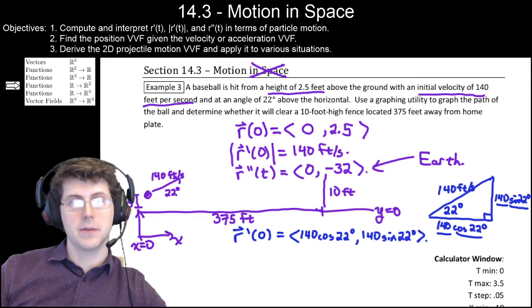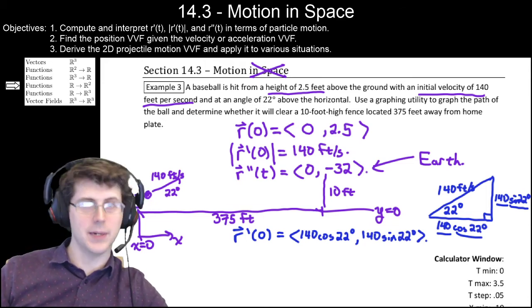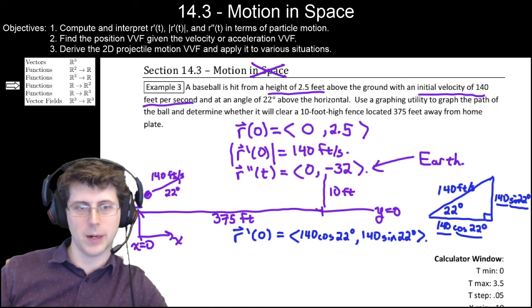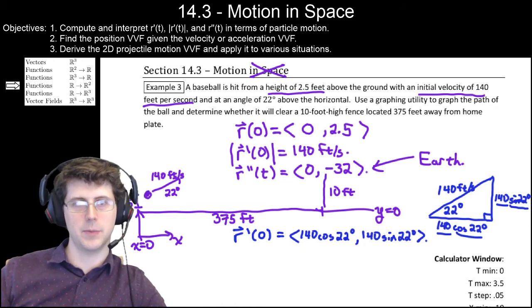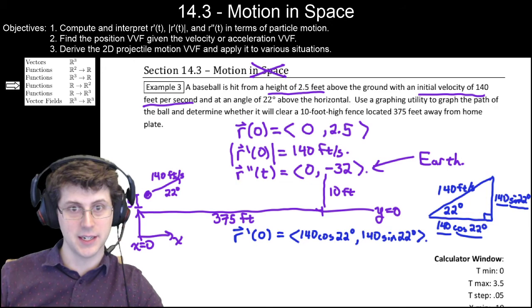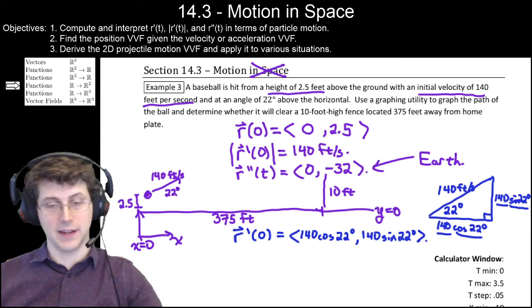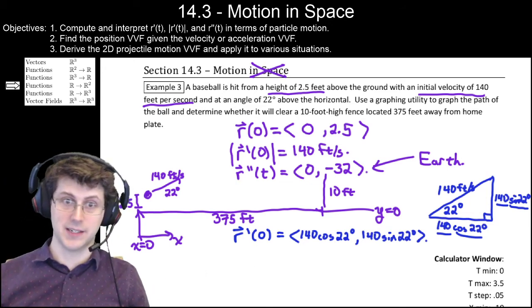Okay, so that's kind of the hard part, and all we've done is read the problem. All we did is we took the problem that was written in plain English and we turned it into a whole bunch of facts about vectors.